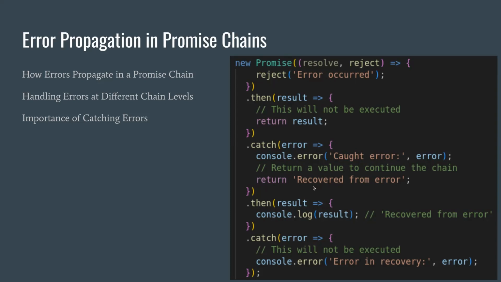This pattern is really useful for recovering from errors and ensuring that the chain does not break. You want to make sure to remember that uncaught errors can lead to unhandled promise rejections, and this can be problematic.